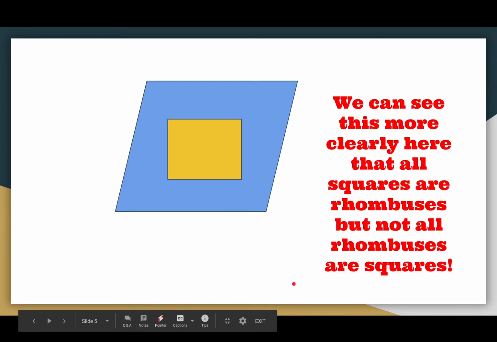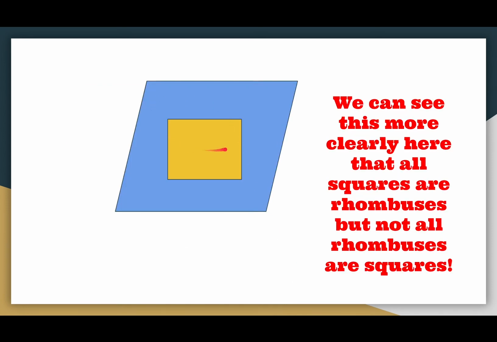So, looking at this, all squares are rhombuses, but not all rhombuses are squares. Can we see that? We can see how this square is inside the rhombus because we're showing this Venn diagram using the physical shapes.